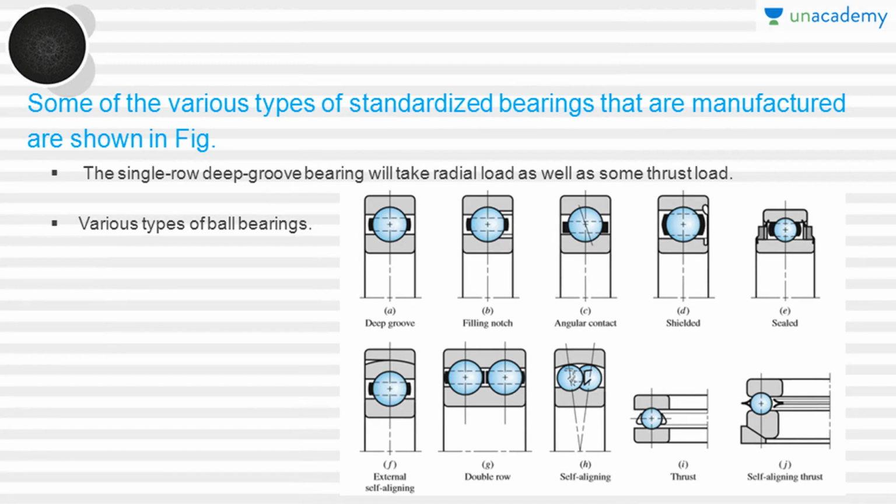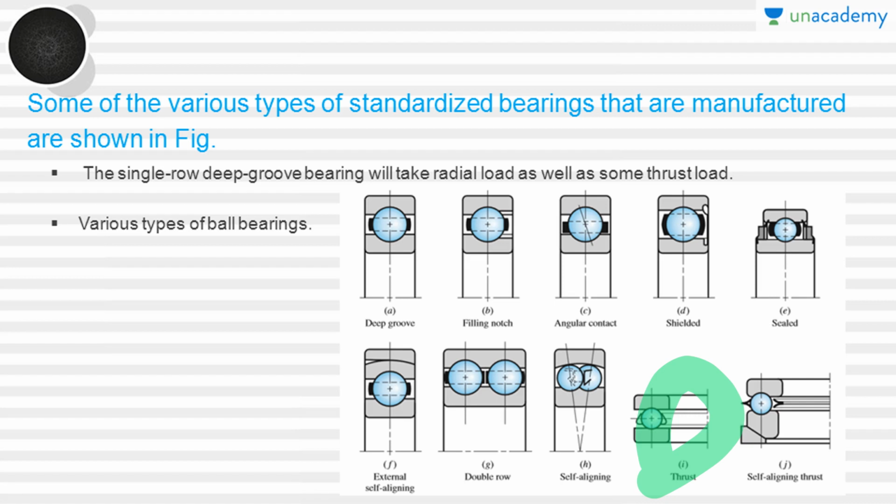Here you can see the deep groove, filling notch, angular contact, shielded, sealed and external self-aligning ball bearings, and these are the cross-sectional views of these bearings. We also have the double row bearings, double row and self-aligning bearings, and also the thrust bearings, and here you can see the self-aligning thrust bearing.